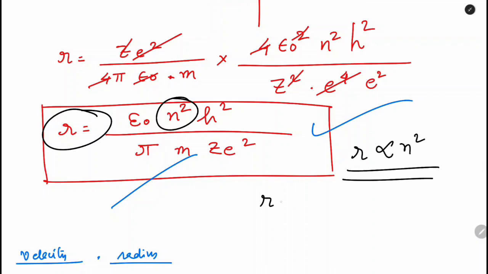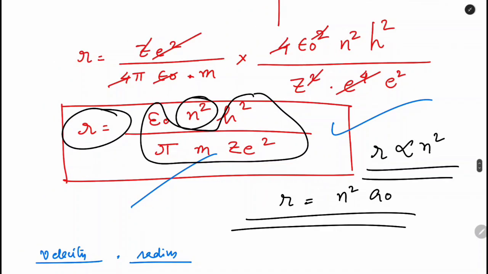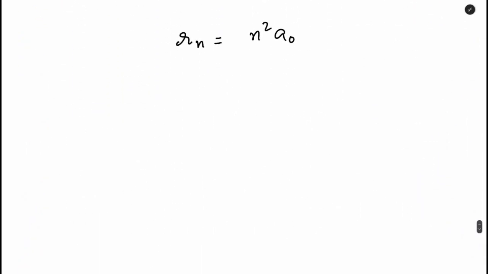Hence we can write R to be n square into this whole thing, these are all constant, into A naught. So this is the whole concept behind it. Getting my point?